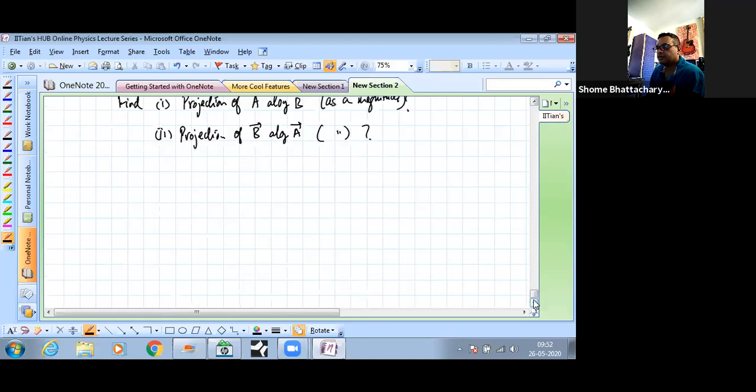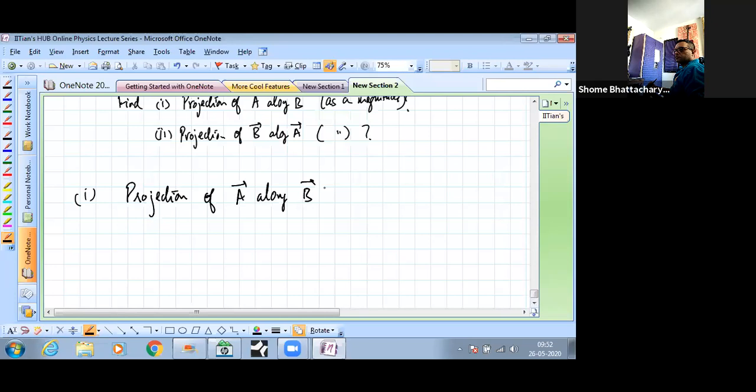You just check your calculation again. So here, for the first part, we want to find the projection of A along B. So that is basically A cos theta.